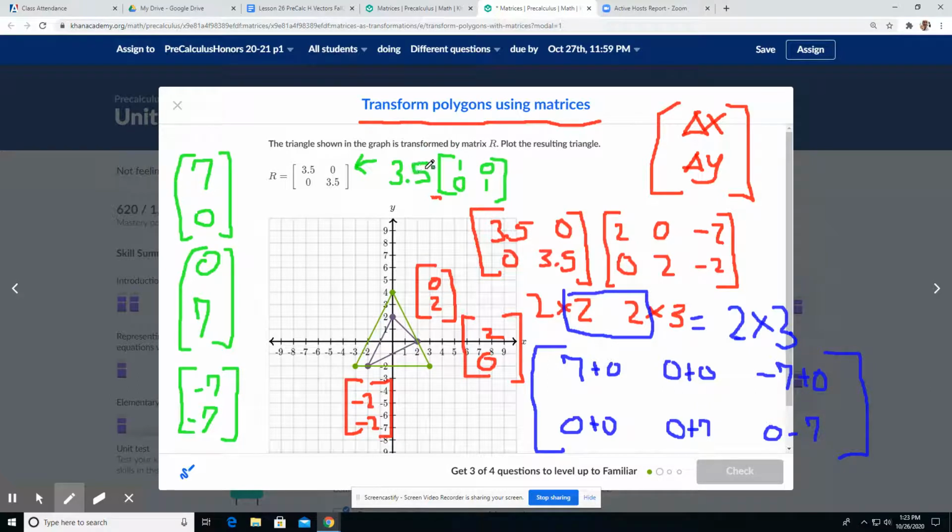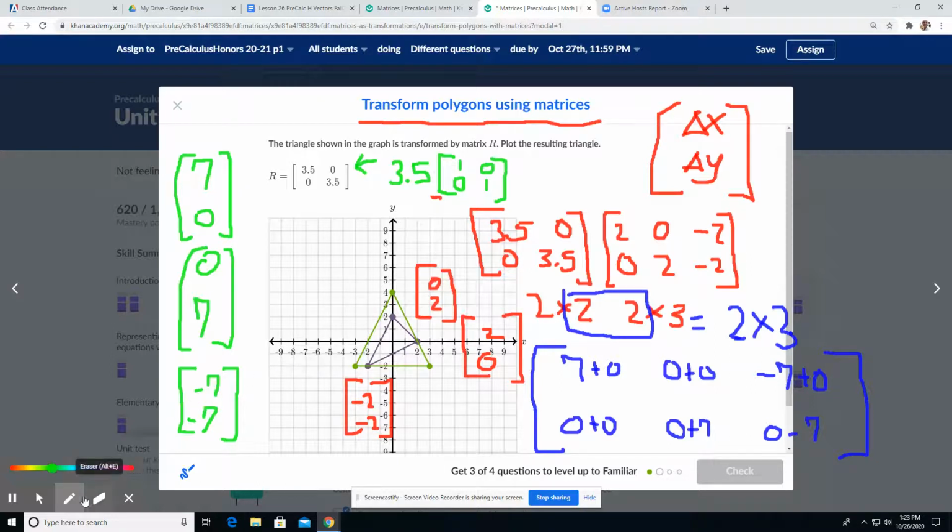What's really happening here is they're disguising the 3.5 scalar in terms of the multiplying of the identity matrix. So basically all that's happening here is we're getting scaled by 3.5. So if everything goes like it should, it gets pushed out by 3.5 units more.